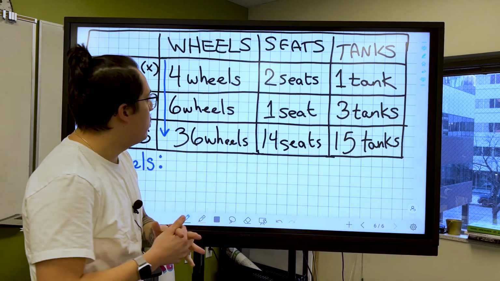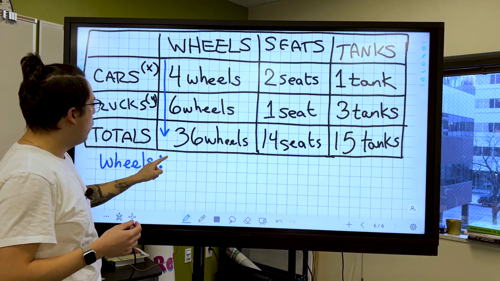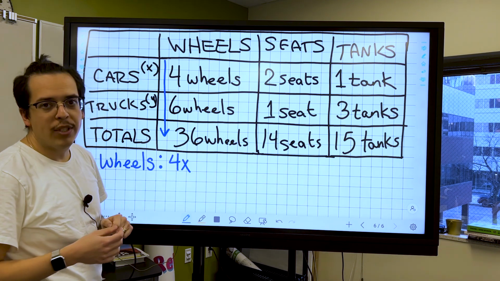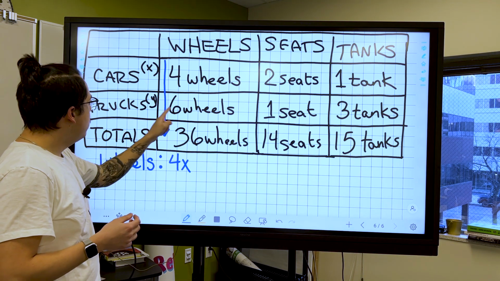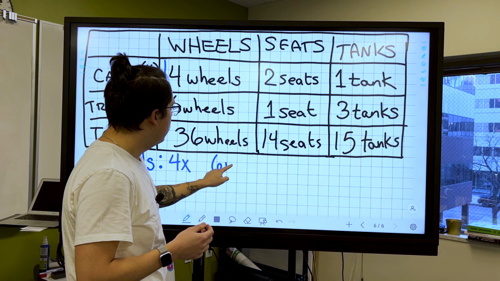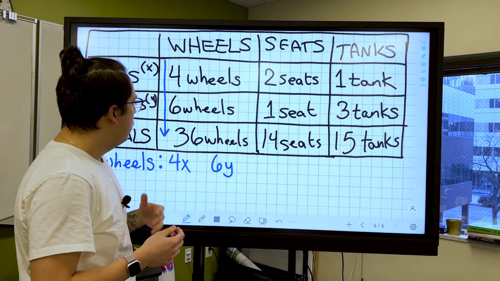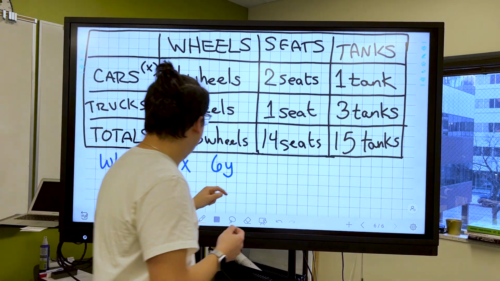And my equation tells me that every car uses 4 wheels, represented with 4x. Every truck uses 6 wheels, represented with 6y. And I know we have 36 wheels total that we can work with.